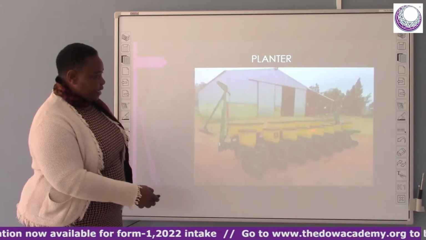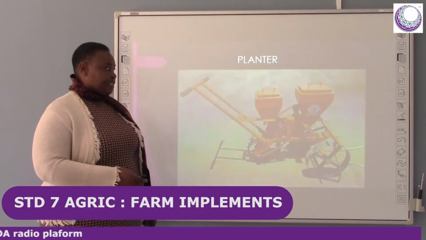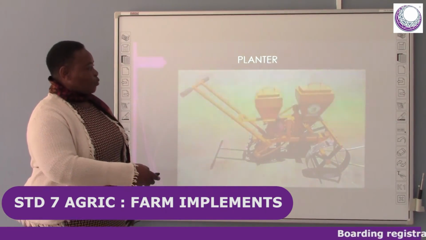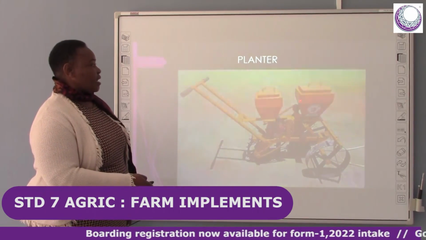You can count. There are many. Thus, these planters are mainly used for sowing the seeds and spreading the fertilizers. Usually in these containers, this is where the seeds and the fertilizers are put.